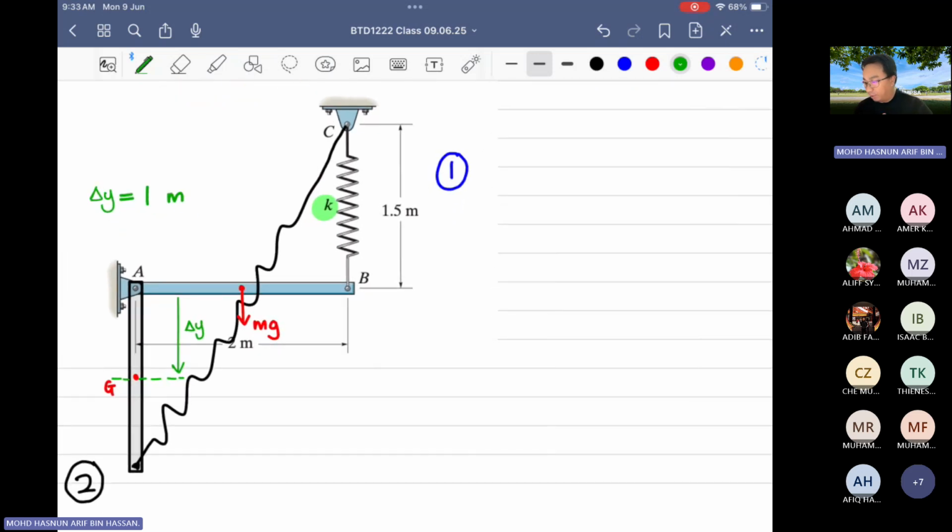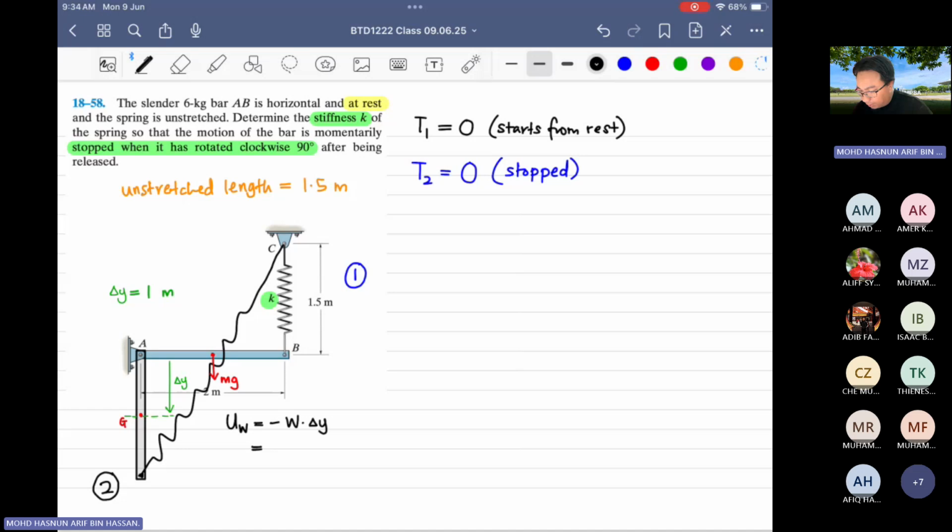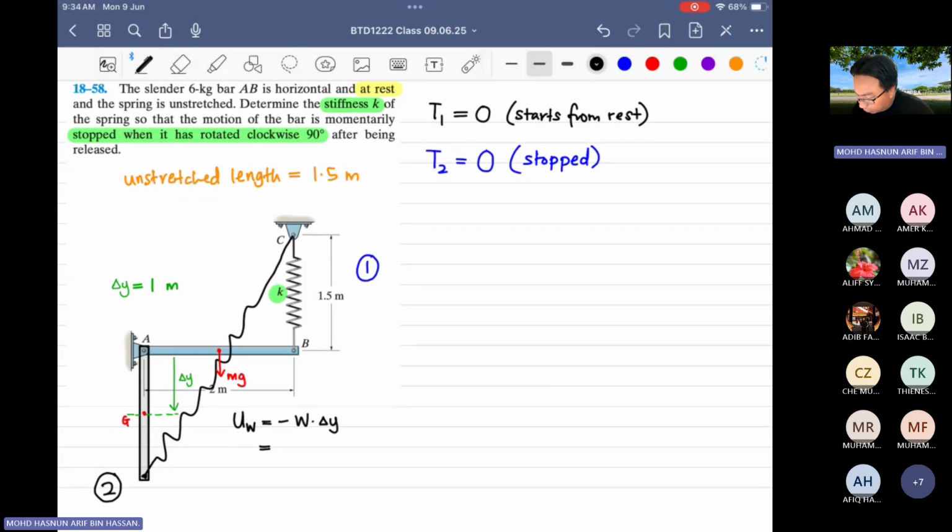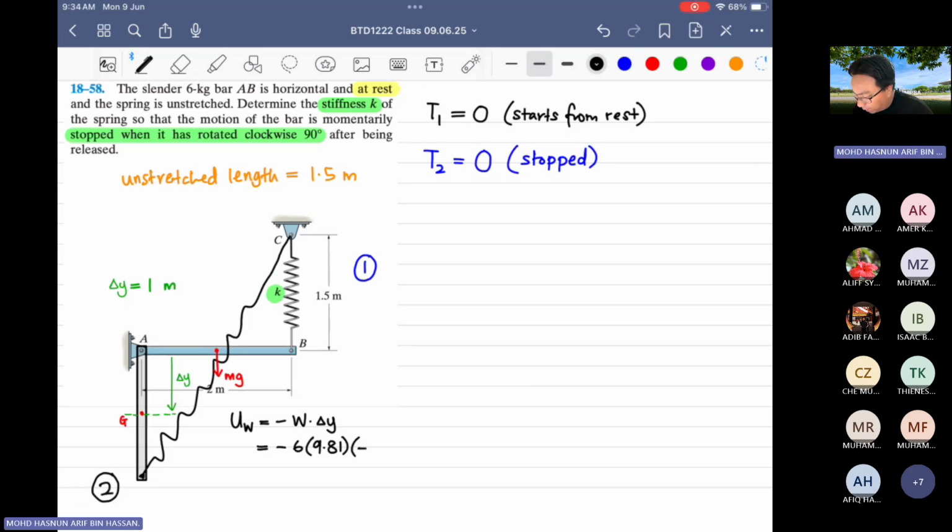Let's calculate the work done by the weight first. So we have UW. UW is minus W times delta Y. The mass is 6 kg, so you have minus 6 times 9.81 times delta Y, which is minus 1.